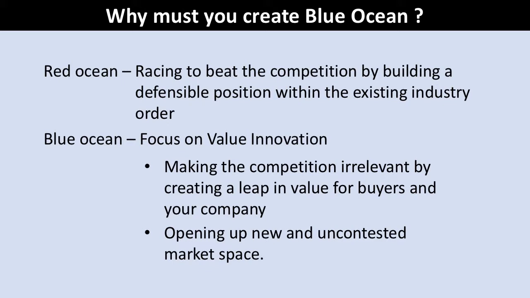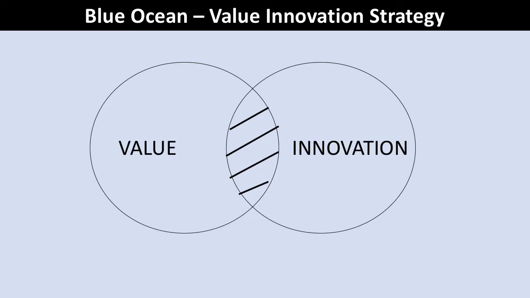Now, if you want to create a blue ocean for your company, you have to think about the value innovation strategy. Based on this diagram, one circle refers to value, the other circle refers to innovation. If you overlap these two circles together, you get the value innovation strategy. Why is it so important to have value innovation strategy in the first place?